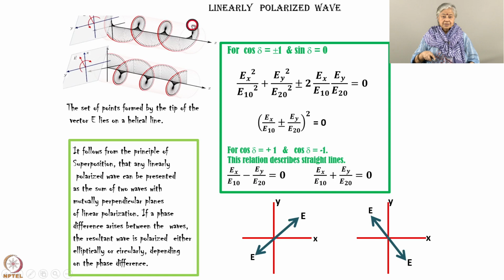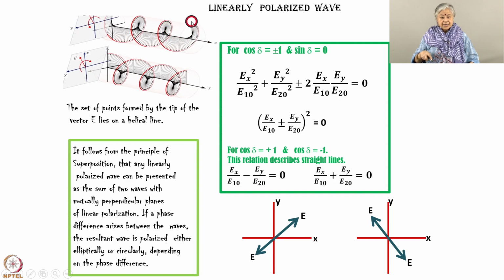Okay. The black lines show the electric field, how it is oscillating, and the red line shows the trajectory that the tip of that electric field traces. You see this end point here, very light and very faint, it is shown as a circle.